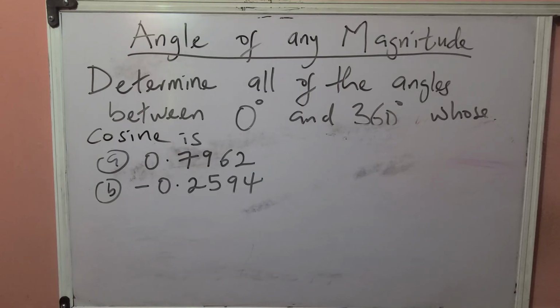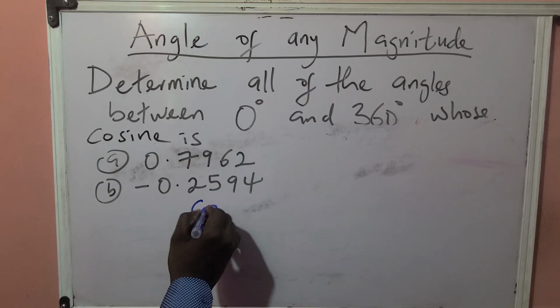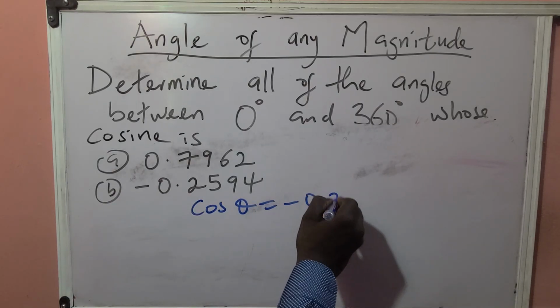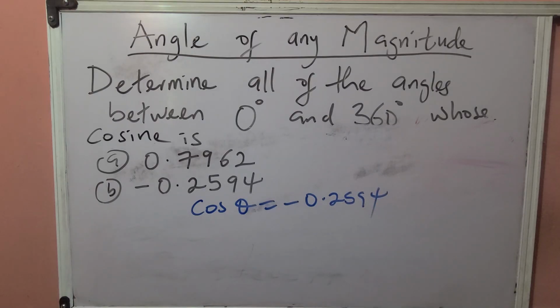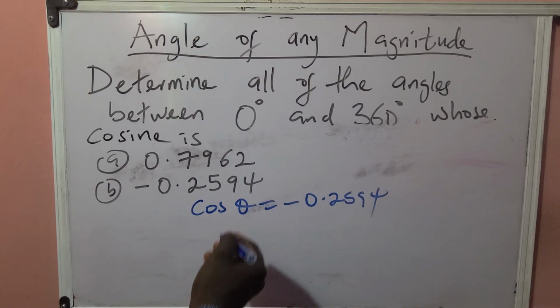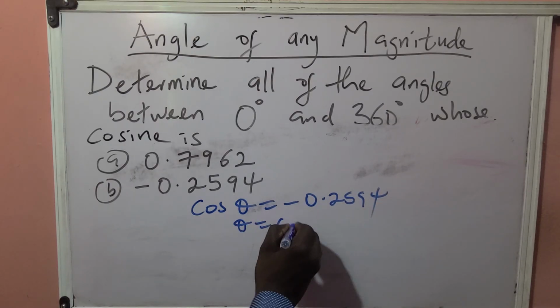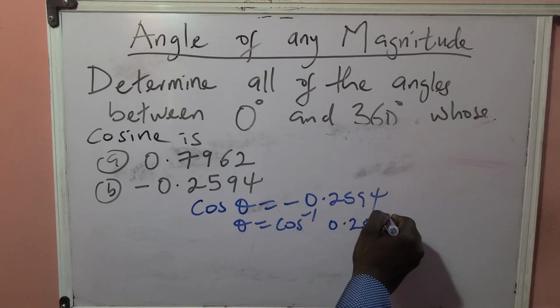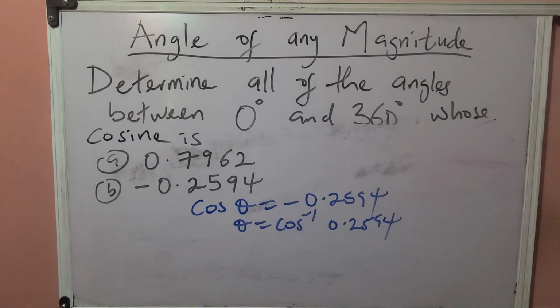So for the second question, you can see in this case, the number one step to take is to interpret the question. Of course, you are told that the cos of an angle was minus 0.2594. I told you the first step to go on with is to find the arc cos, ignoring whatever sign was there. So here I'm just going to write 0.2594, ignoring the sign. That's just the step.